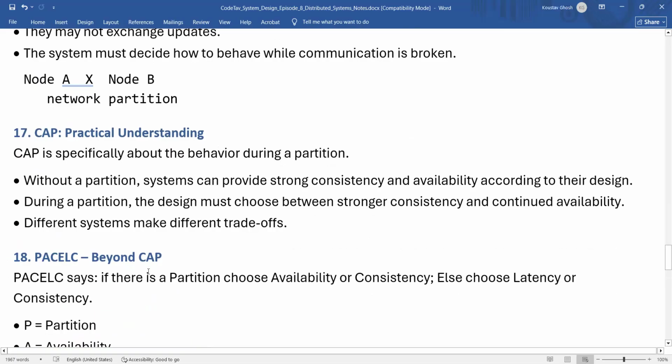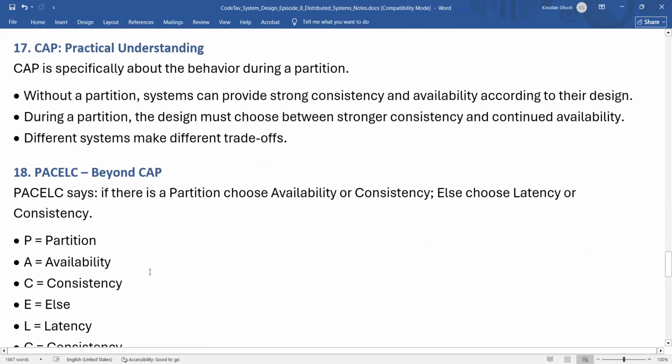Now, PACELC. CAP is very useful, but there is another concept which is PACELC. Partition: choose availability or consistency. Else: choose latency or consistency.